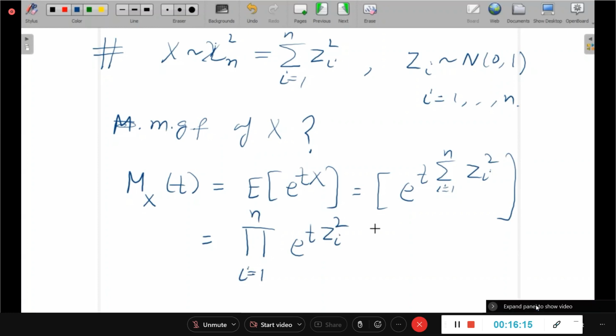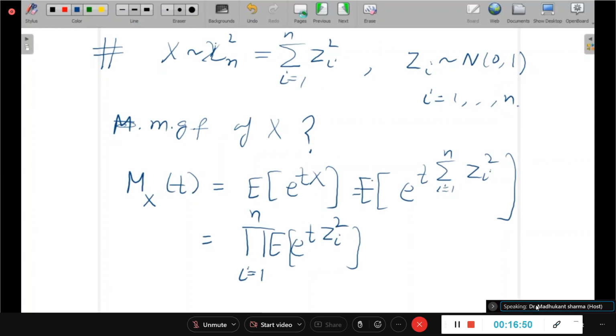So you can write the sum as e to the power tZ1 square into e to the power tZ2 square, and so on, e to the power tZn square, with the expectation of this. Now each Zi is following the standard normal variate, so if we identify the distribution of Zi square, it is easy. It is the MGF of this.